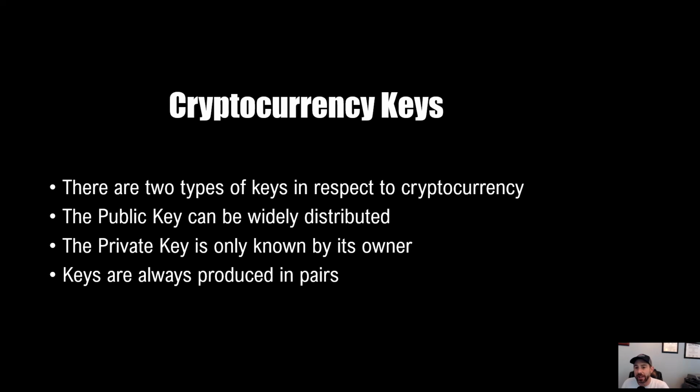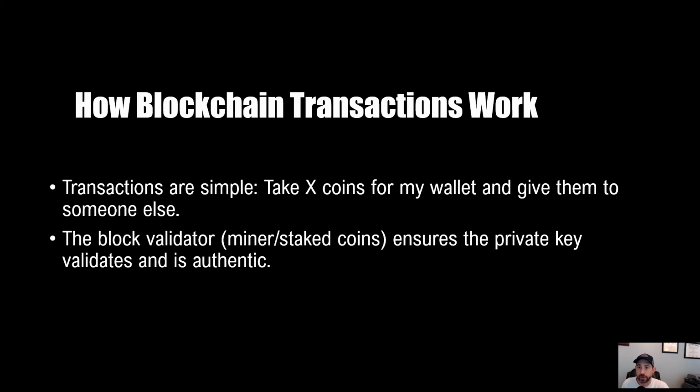The private key is one only you have. And that key is very, very important because that's the decoding key, right? The cipher. And that's going to give full access to all your cryptocurrency. Now, these keys are always produced in pairs. Okay, so that's really important right there.